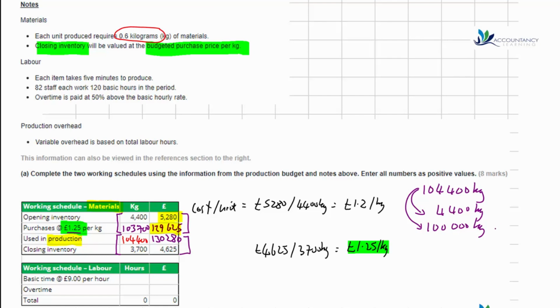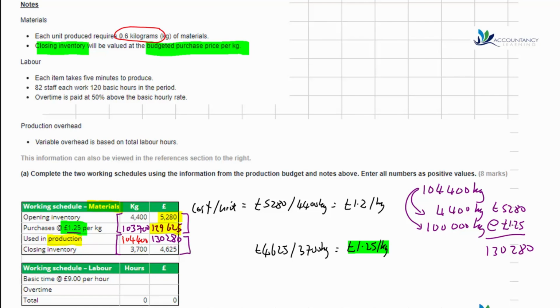The purchases are valued at £1.25 per kilogram, and the opening inventory has a total value of 5,280. So if we take the 5,280 plus the 125,000, that gives you the same figure, 130,280. It doesn't really matter which way you calculate it, both of them will get you to the same result in the end.